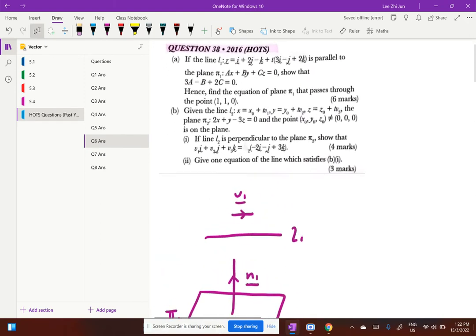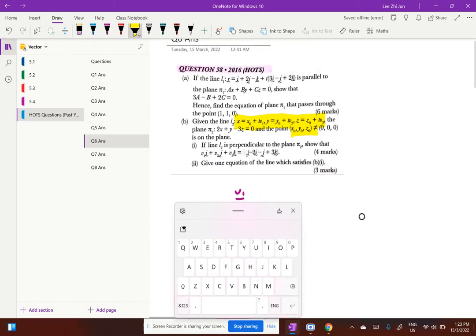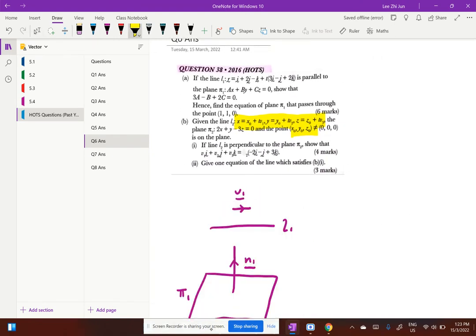Given the line in, not Cartesian form, this is the parametric form, the second plane and the fixed point. If the line is perpendicular to the plane, we conclude that the line is parallel to the normal of the plane.